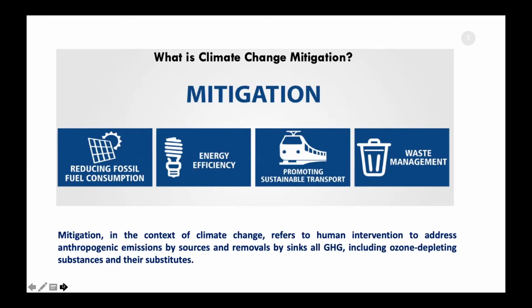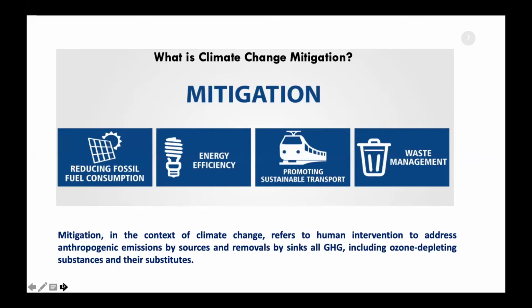So we have 6 greenhouse gases po that we are accounting for. So if an agency is implementing or would like to implement programs that would reduce emissions like carbon dioxide, nitrous oxide, methane, and industrial gases din po, such as perfluorocarbons, sulfur hexafluoride, and hydrofluorocarbons po.